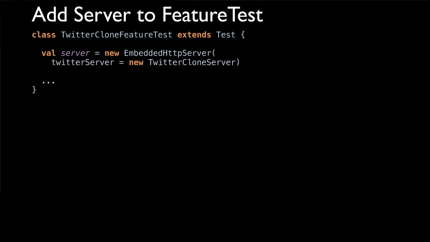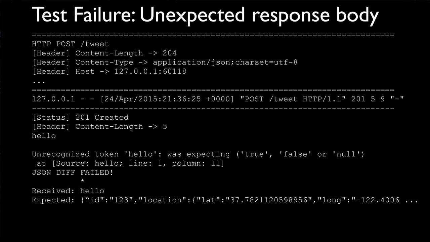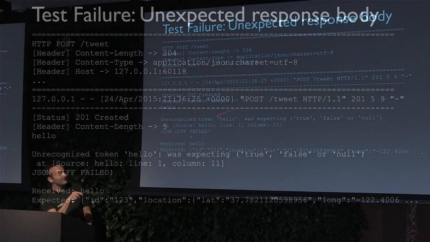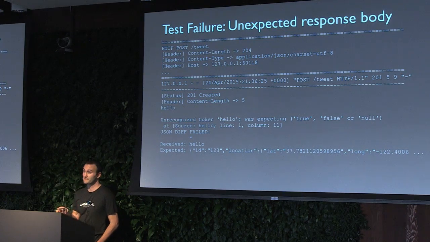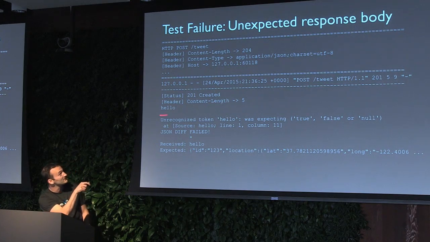Now that we have a real controller and a real server, we add our real server to our feature test. Then rerun it. And now you could see the test is failing, but for a different reason. In this case, it's saying an unrecognized token of hello was found. This is because we specified a JSON body was the expected response, and hello is not valid JSON.